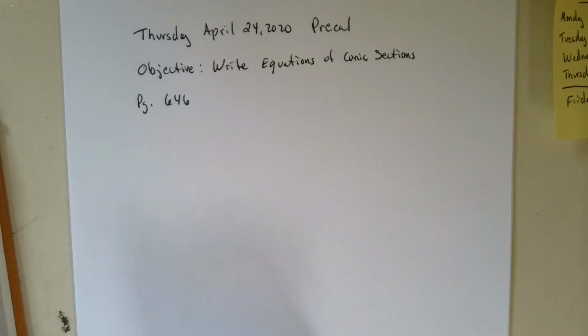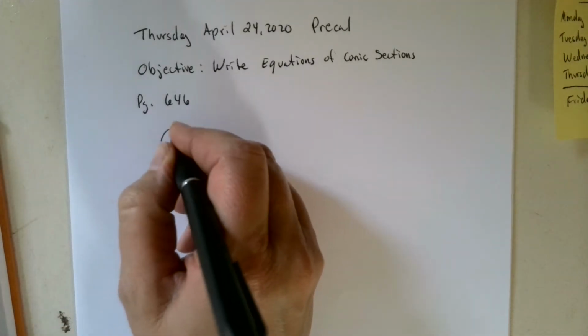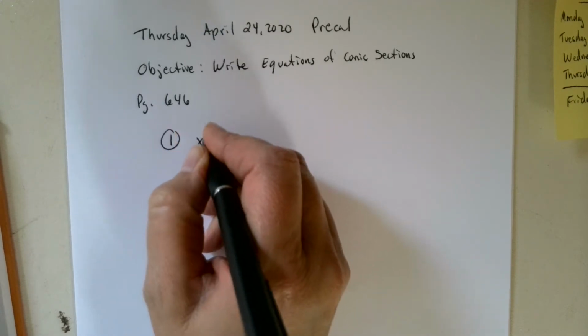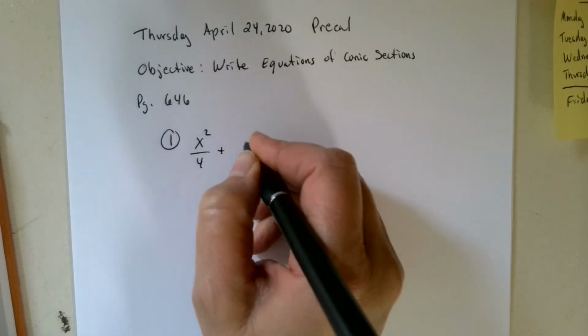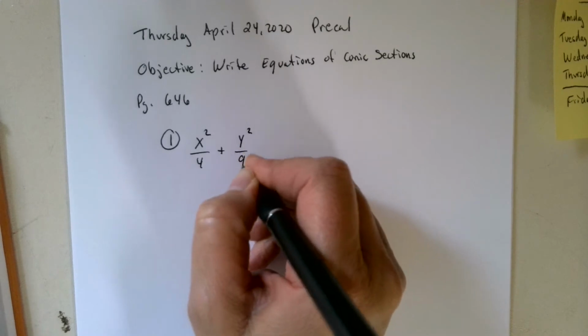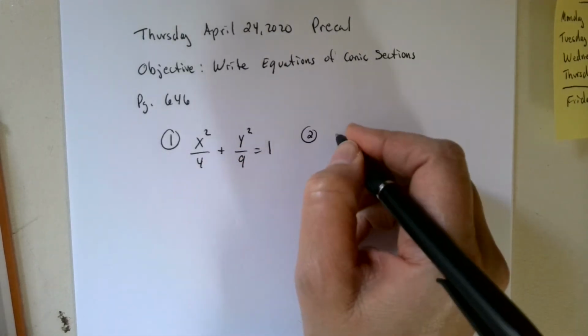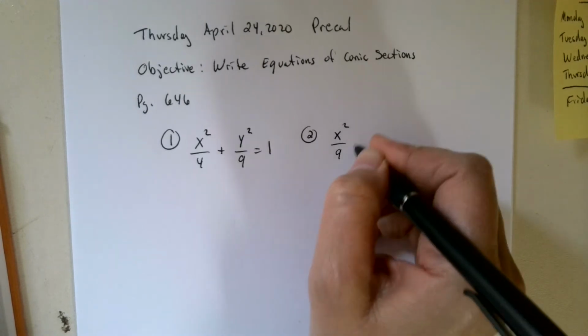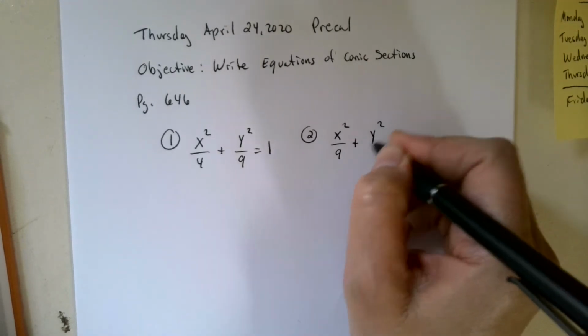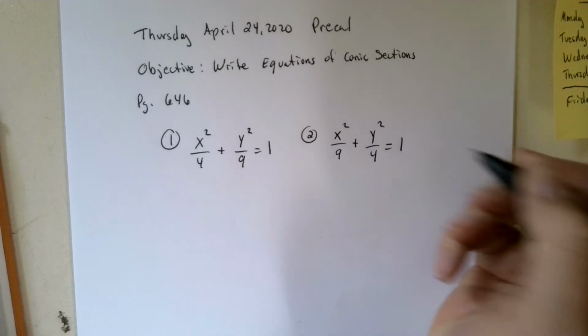And so they have 6 ellipses graphed there, and then they have 6 equations, and they want you to match them up. So let's look at number 1. It is x squared over 4 plus y squared over 9 equals 1. And number 2 is x squared over 9 plus y squared over 4 equals 1.